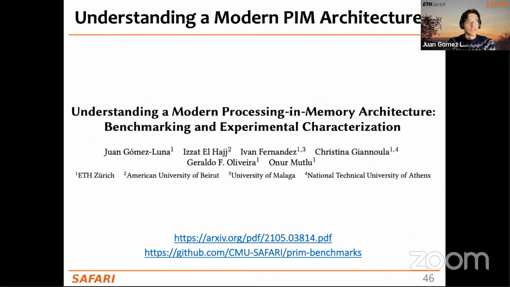Okay, and I guess that this is essentially all for today for this lecture. If you want to know more about all these experiments and much more discussion and key observations about all these strong and weak scaling experiments and comparison to CPUs and GPUs, I can recommend you to take a look at our paper that is available in arXiv.